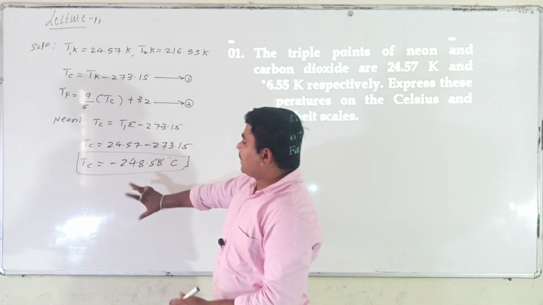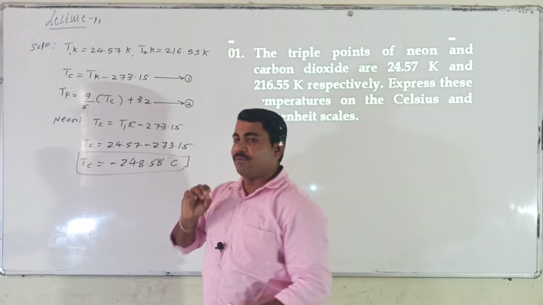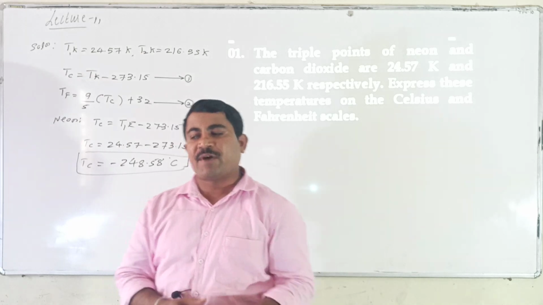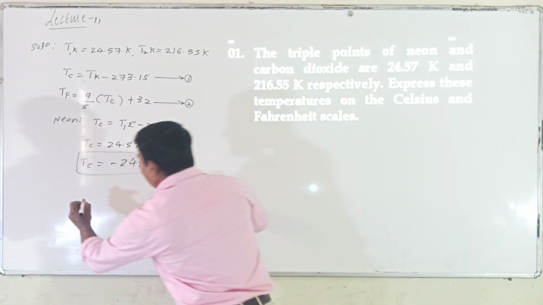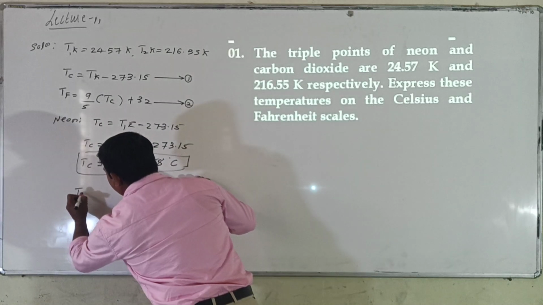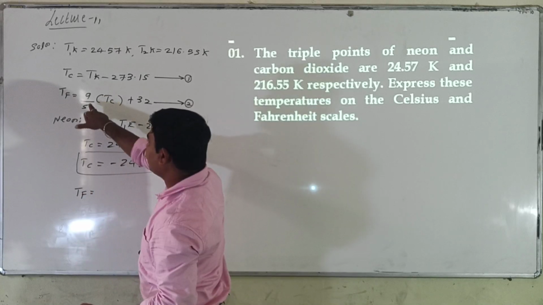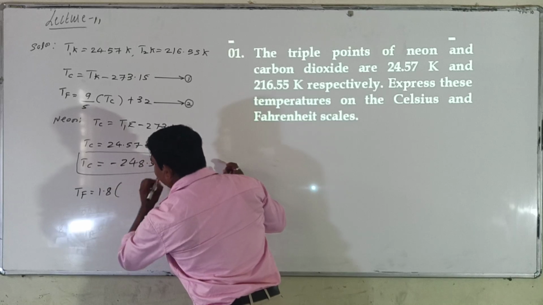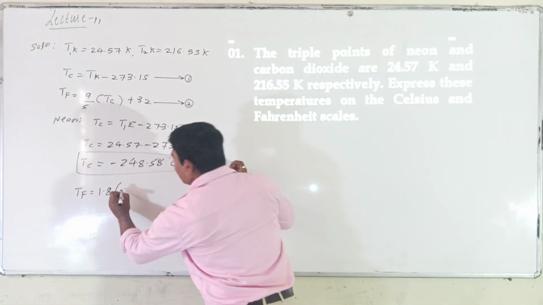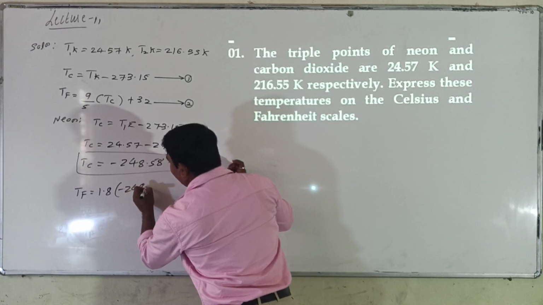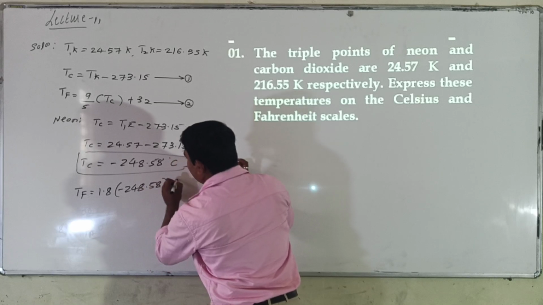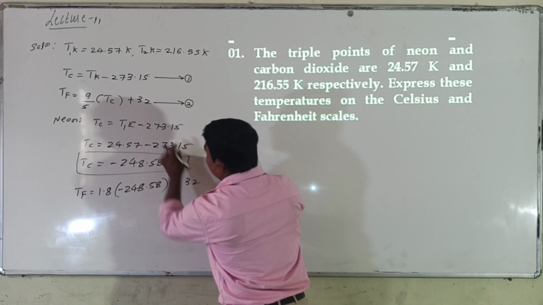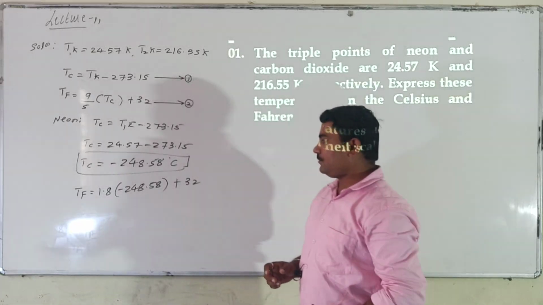Again let us express this temperature in Fahrenheit. The Fahrenheit Tf is available from this relation: 9 by 5, which is 1.8, times Tc, this value minus 248.58, plus 32. Look at this equation 2.